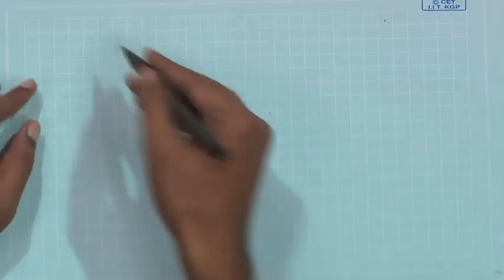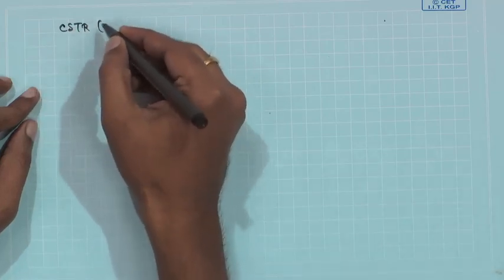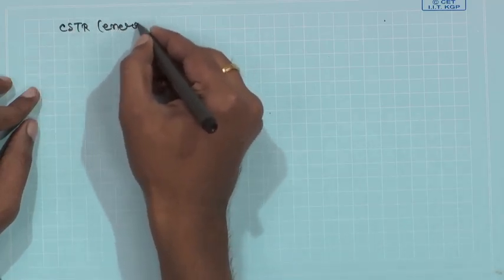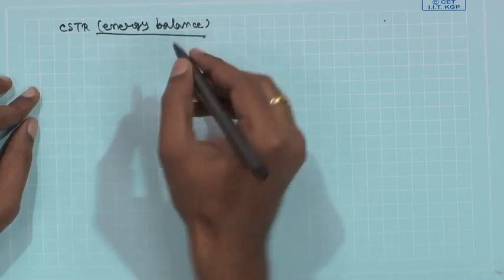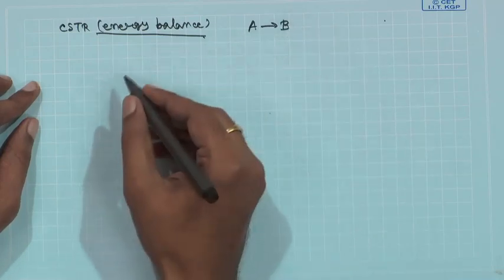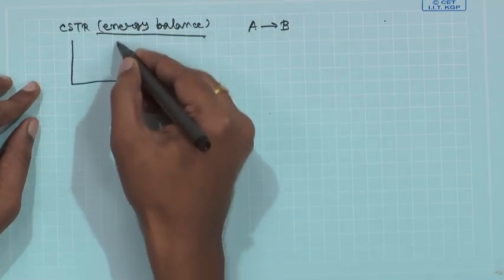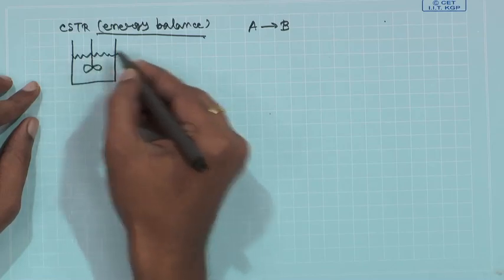Now, we will do in the same way as we did for the mass balance, an energy balance for a CSTR. Let us say you are considering a liquid phase reaction where A goes to B, and this is your CSTR, the reaction mixture.